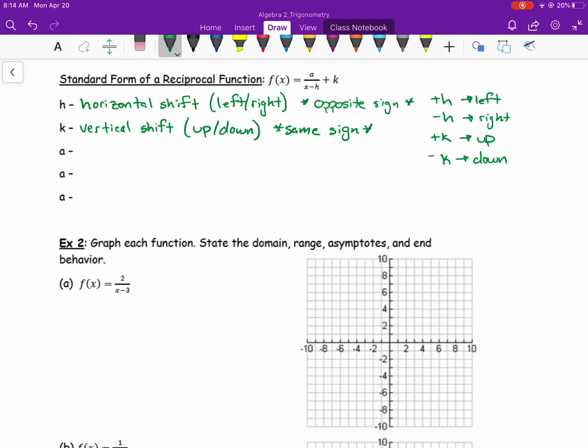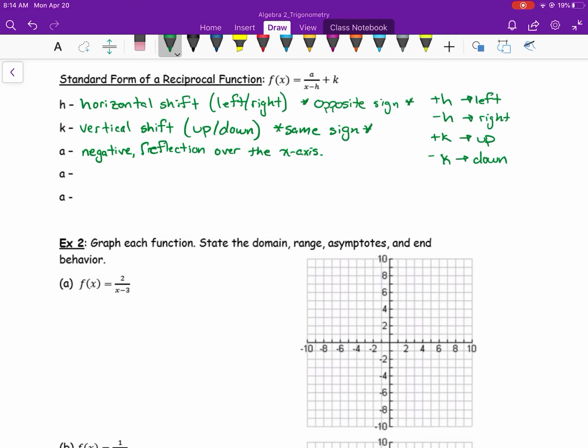And then we have our a's, so they do several things. If a is negative, it is a reflection over the x-axis.